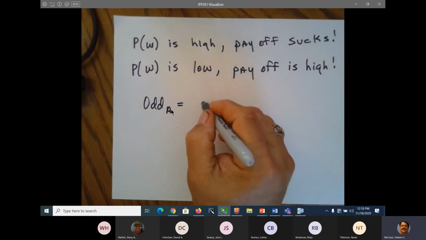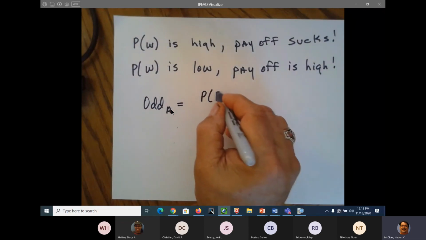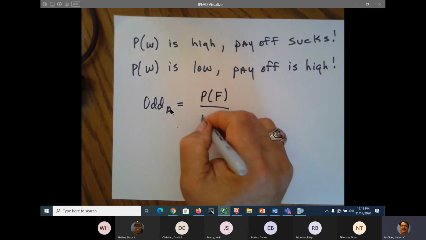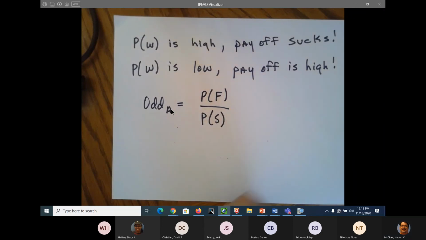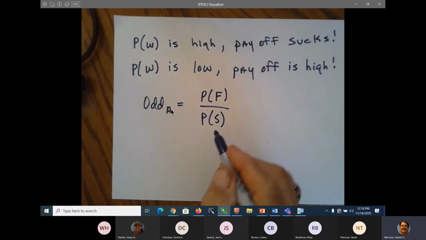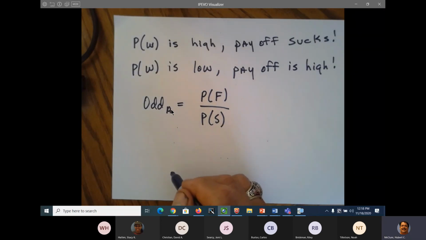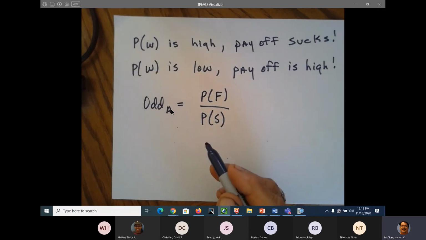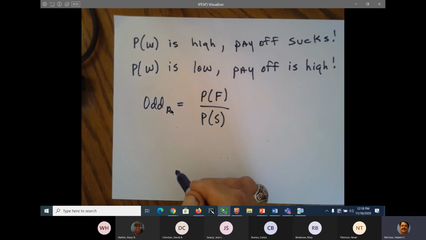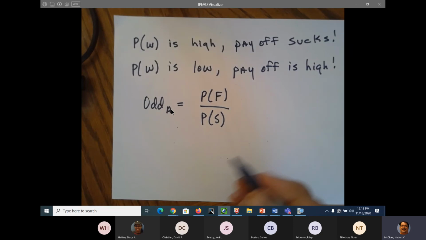So remember, the odds against is equal to the probability of failure over the probability of success. And then whatever that number is, when you get that fraction, you multiply it by the bet. Sometimes they're just going to ask you for odds against. And sometimes they're going to say, what if you place a $100 bet? Then you multiply it by this number. And you always simplify, always use fractions and always simplify.